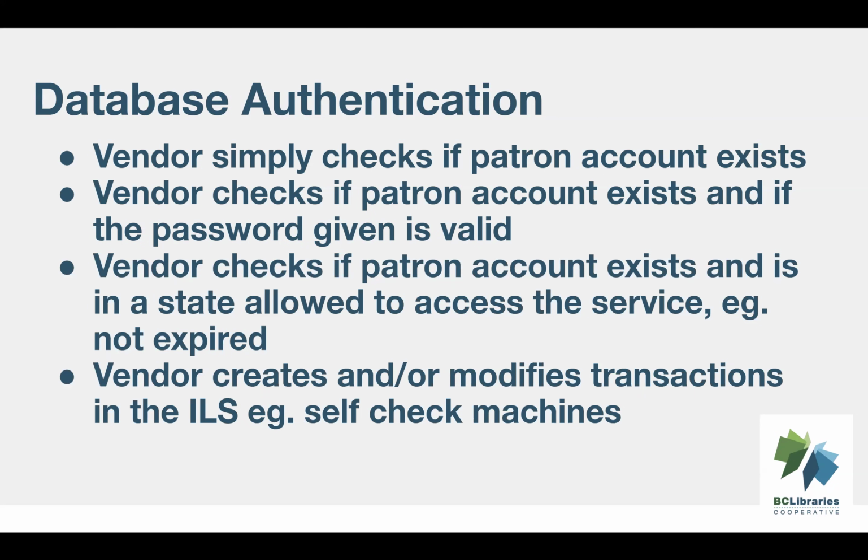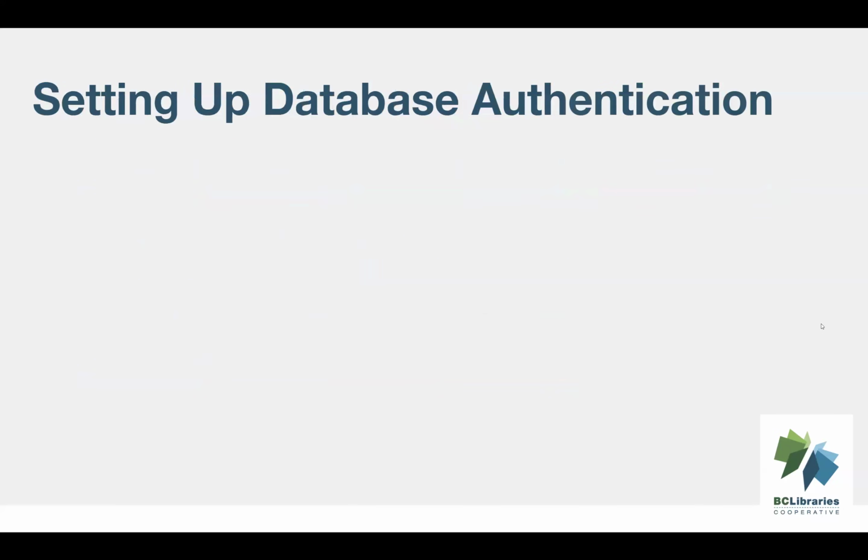And then the self-check machine is sending information back to the ILS so that that circulation actually gets recorded in the database, updated so that it shows in the patron's account if they log into their account online, and that other data that would normally get updated for a transaction gets updated as well so that the item's status shows as checked out. So that's the basics of how the database authentication is happening.